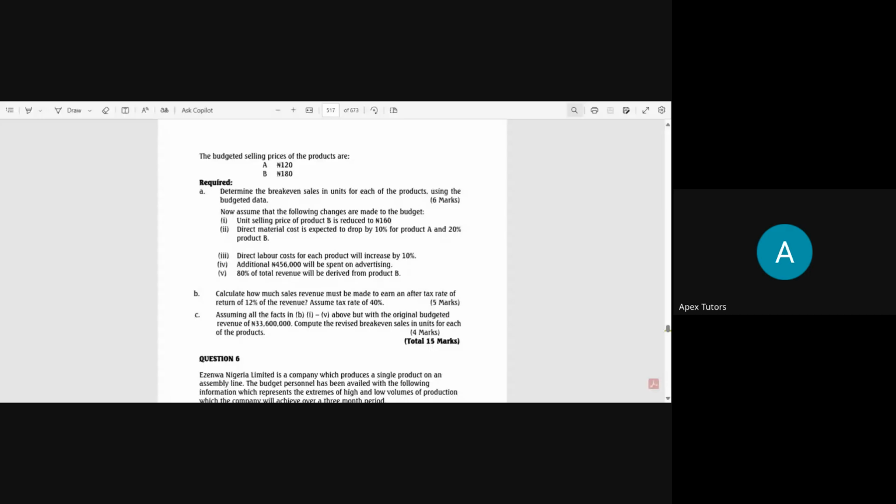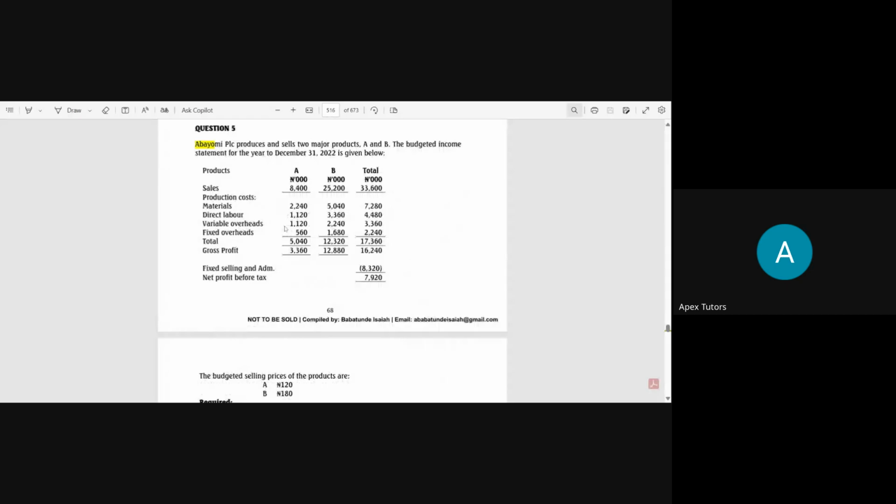The usual approach is to quickly determine the break-even point for A and for B. But there is something holding these two products together, which is the fixed selling and admin. Do you know the portion that belongs to A? Do you know the portion that belongs to B? There is no information regarding that.